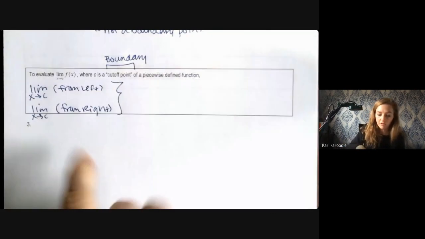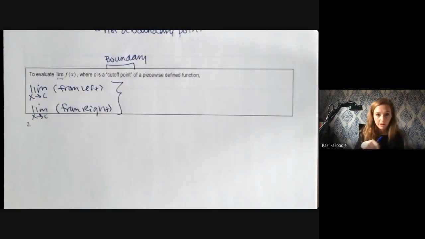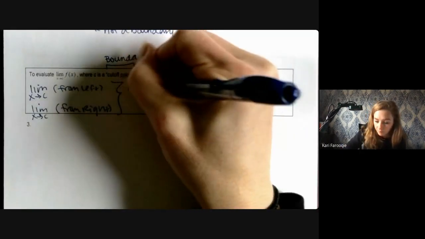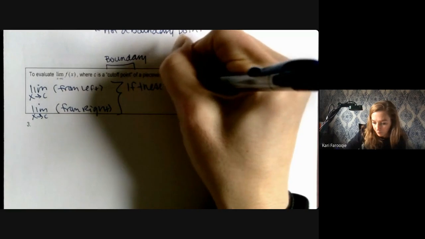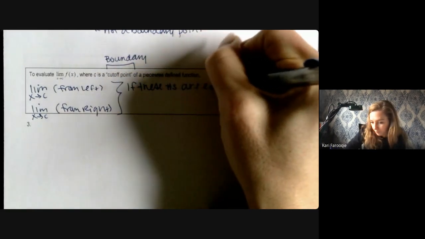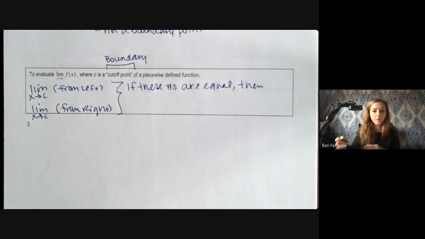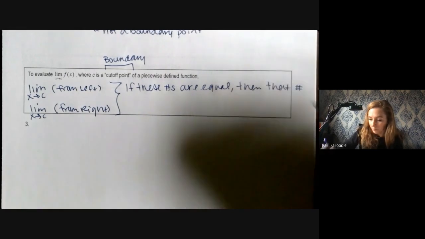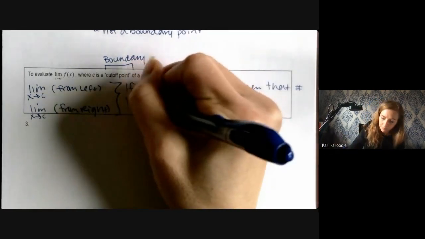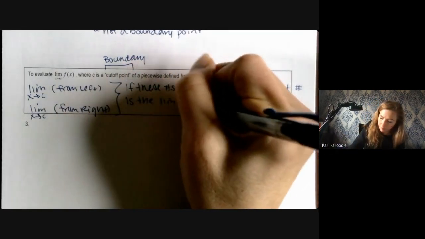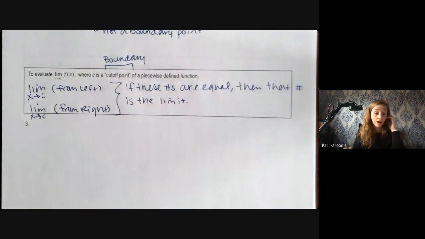So if you take the limit as x approaches c from the left, and then the limit as x approaches c from the right, if these numbers are equal, then that number is the limit. Otherwise, the limit does not exist.